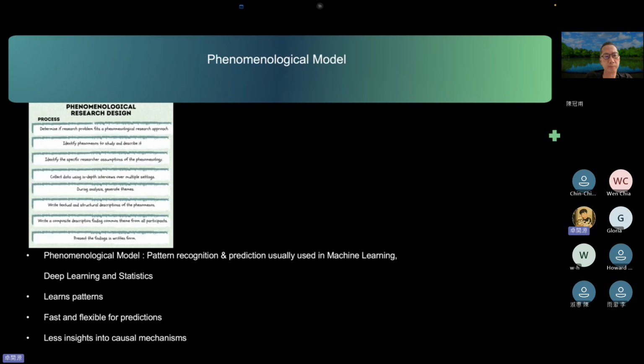And phenomenological models are more about pattern recognition and prediction, mostly used in machine learning, deep learning, and statistics. They learn to find patterns. They are very fast and very flexible, but the disadvantage is that they are less about causal mechanisms. It's only pattern recognition, and we don't actually know how each data correlates to each other.